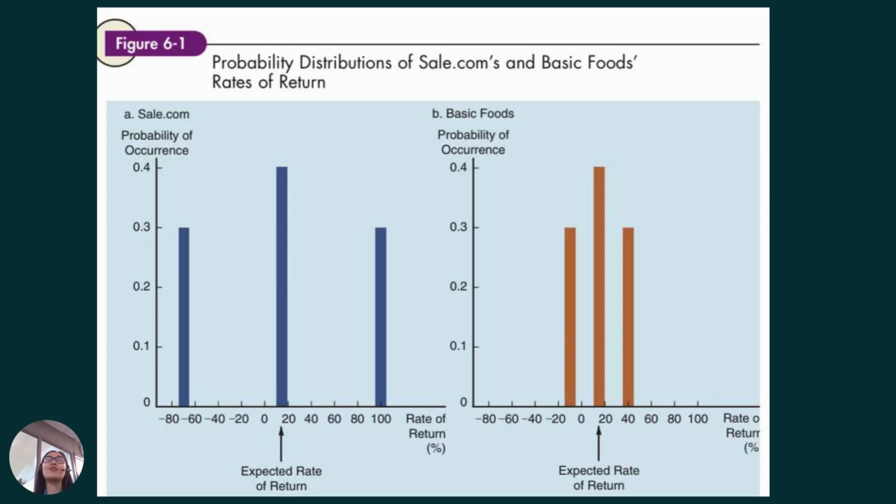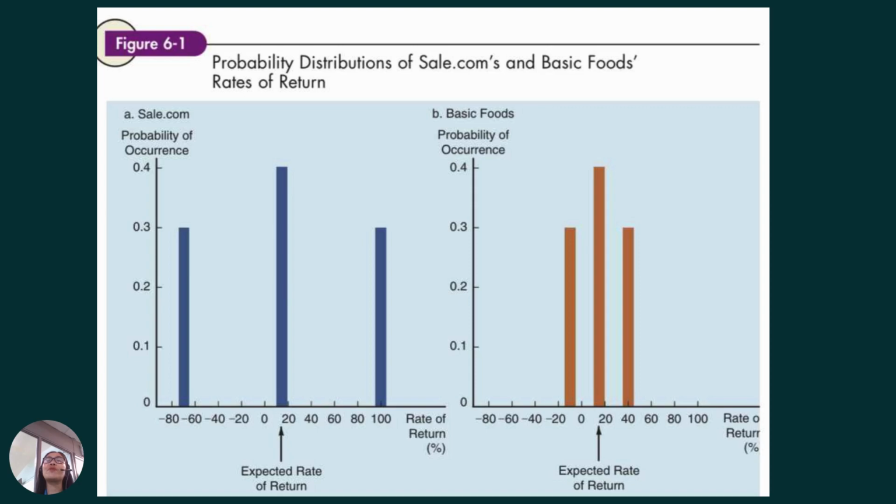Both have an expected return of 15%, but their ranges of probable returns differ, right? Sale.com has a wider range from -70% to 100%, while Basic Foods has a narrower range from -10% to 40%. So this means that Sale.com has a higher degree of variability in its potential returns compared to Basic Foods. It also shows the idea of assigning probabilities to various levels of demand and corresponding rates of return for its investment.